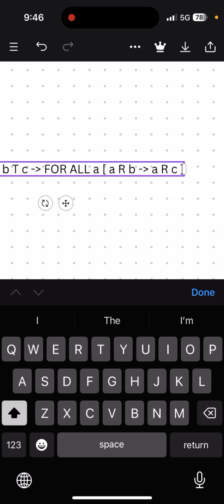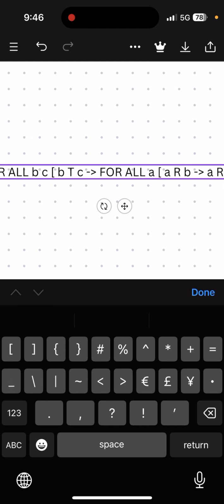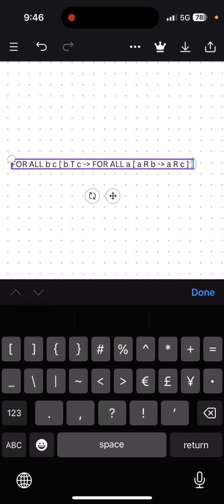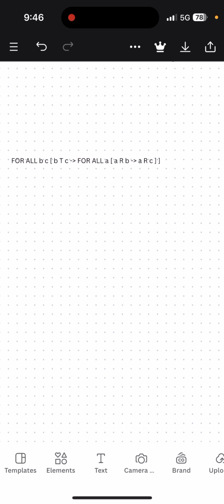And I'm now asking myself the question, can I somehow factor out this for all? It would be fascinating to create some algebraic rules, just like dealing with quadratic equations, simple rules for how you can bring quantifiers in and out of implications, formulae, and stuff like that.